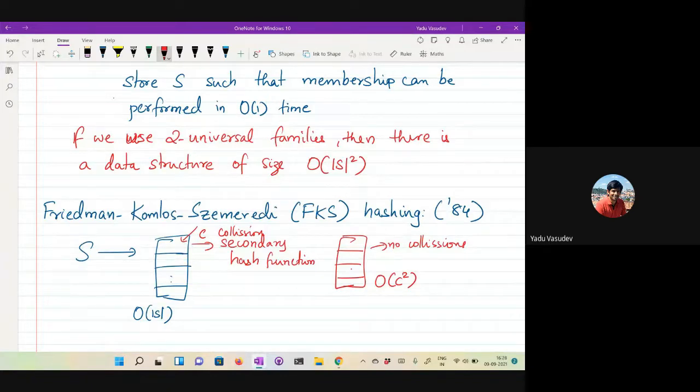So instead of one hash table where you map the element to, you have two hash tables. First you map into an entry in the first hash table, and from there it gets mapped to a secondary hash table which has size order C squared. So in the secondary hash table there is not going to be any collision. Therefore the query becomes order one, by combining these two hash functions.